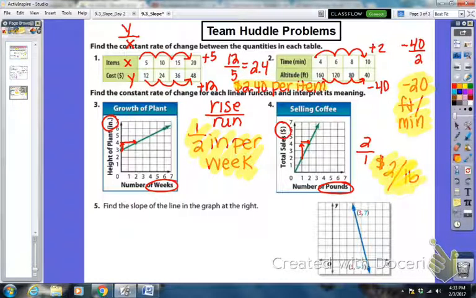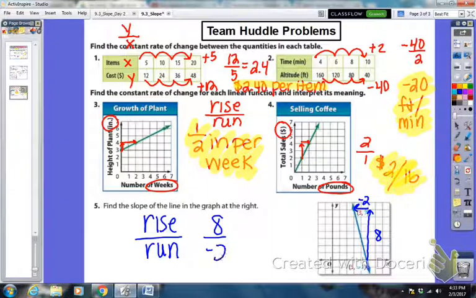There are no units on this one, so I am just rising 8 and running 2 in the negative direction. So if I do rise over run, I had to rise up 8 and go left 2, so that's negative 2, which simplifies down to negative 4.